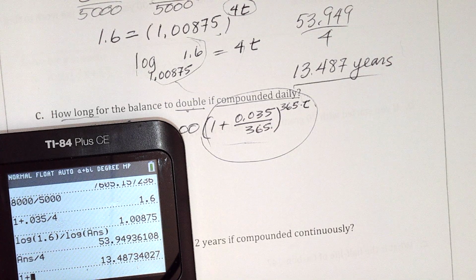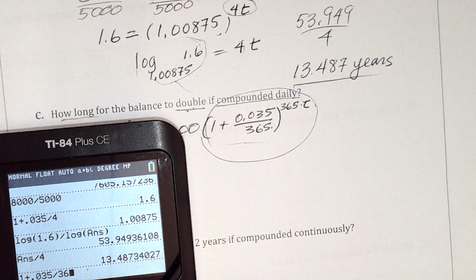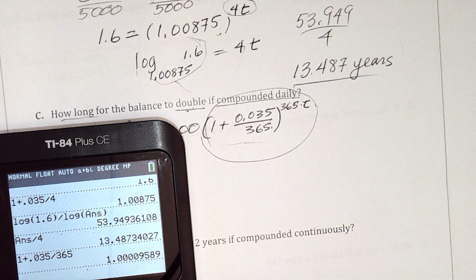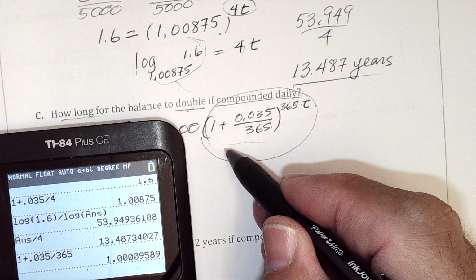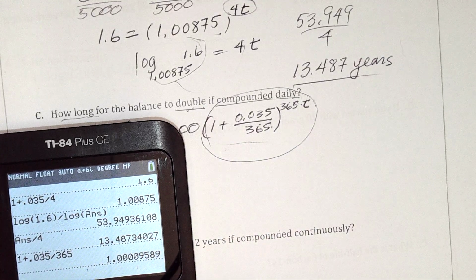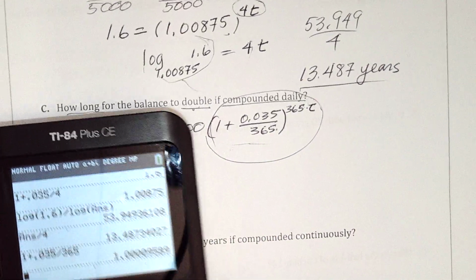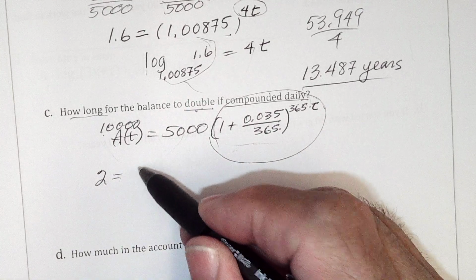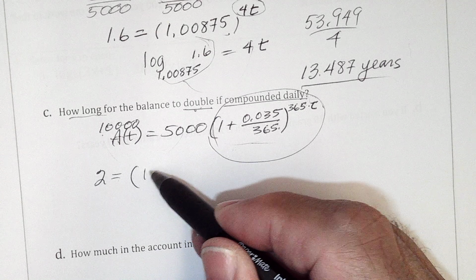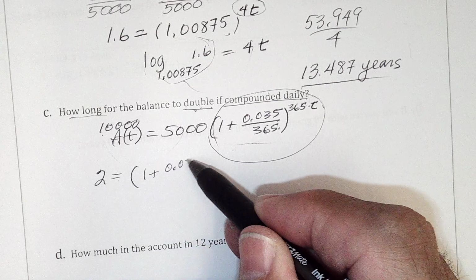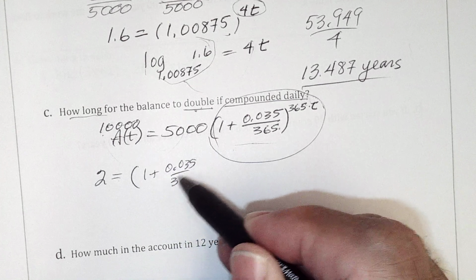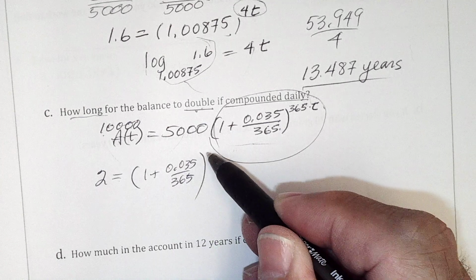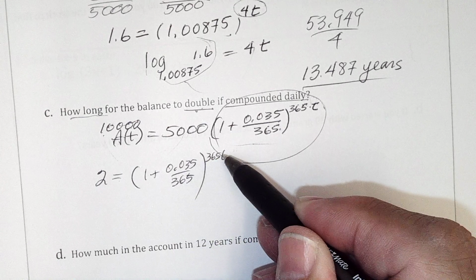1 plus 0.035 divided by 365, which is very close to 1. And instead of writing all that down, I'm just going to say it's 1 plus 0.035 divided by 365 to the 365t.